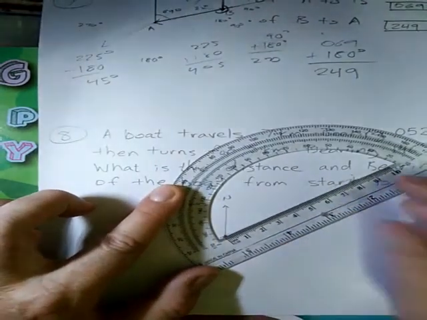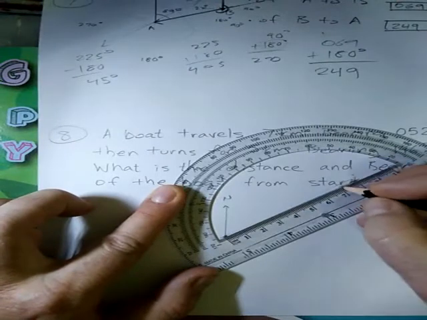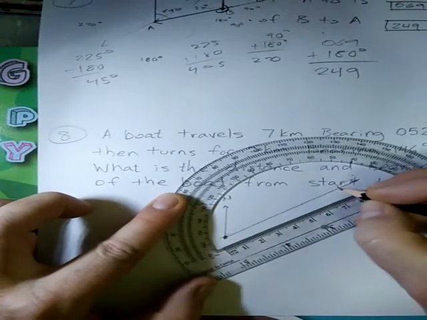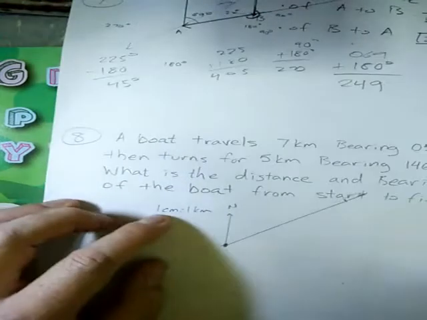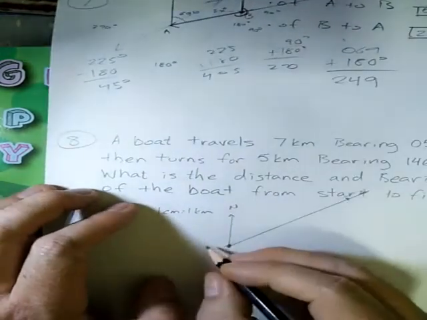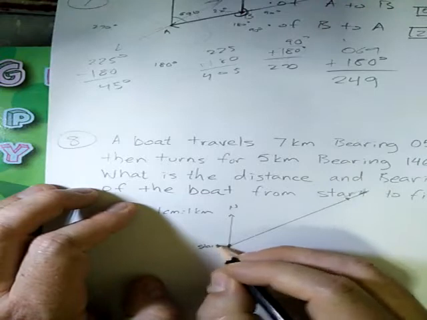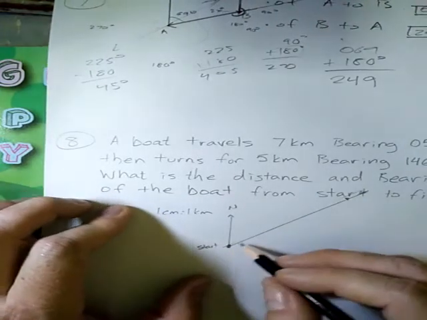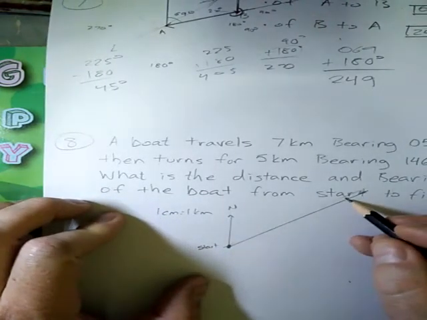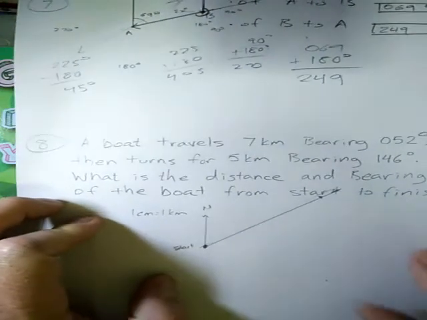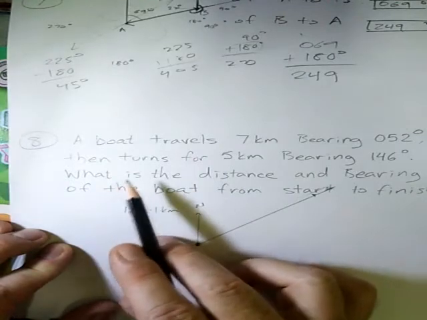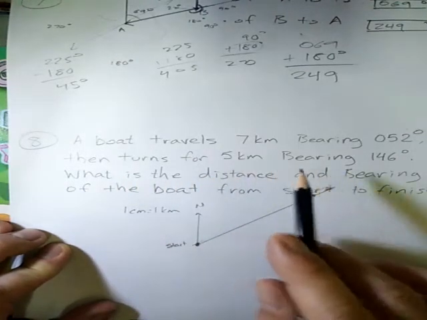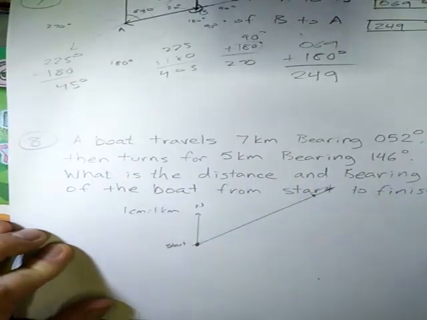So from there to there is 7 centimeters, or should be, yeah, that's 7 centimeters. So remember, this is my start. The boat started here and it sailed along this direction for 7 kilometers, bearing 052. The next sentence says, then turns for 5 kilometers, bearing 146.